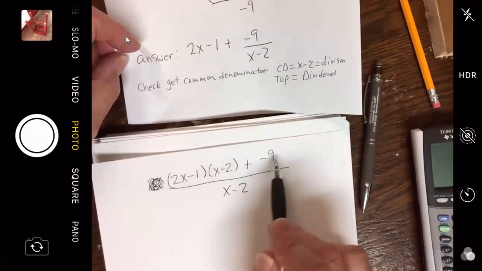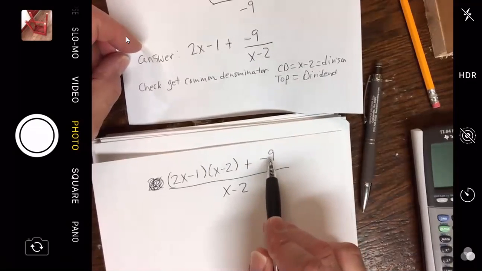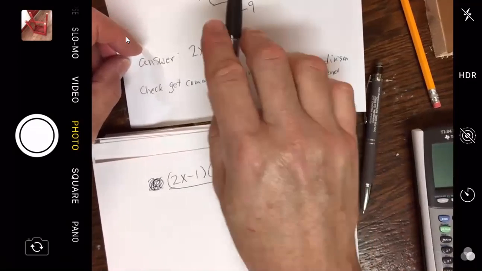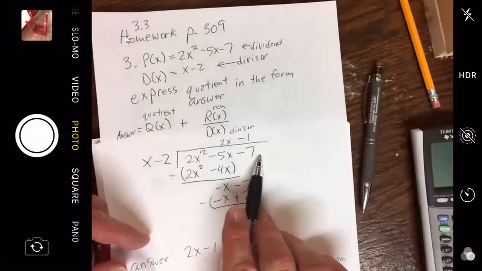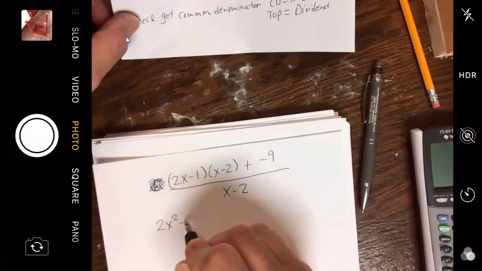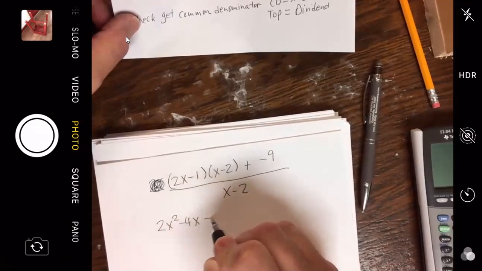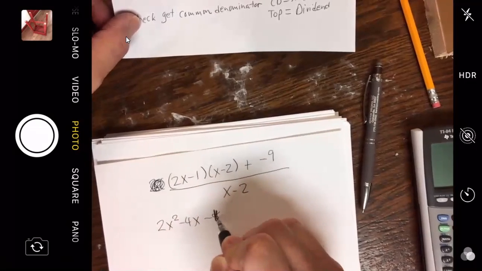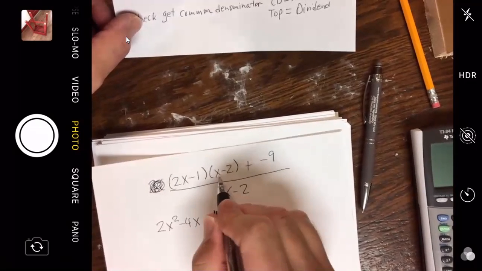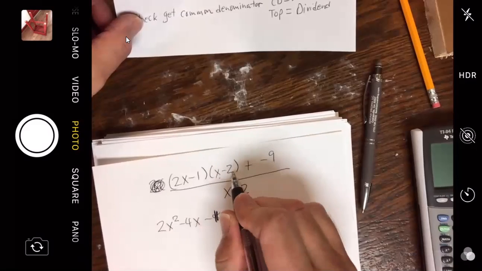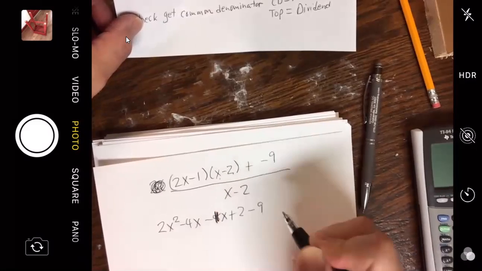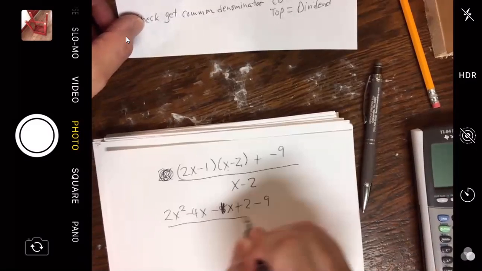Now we got to FOIL this, bring in the negative 9. It's got to come back to my 2x squared minus 5x minus 7. So you're getting 2x squared minus 4x minus 1x plus 2 minus 9, all divided by x minus 2.